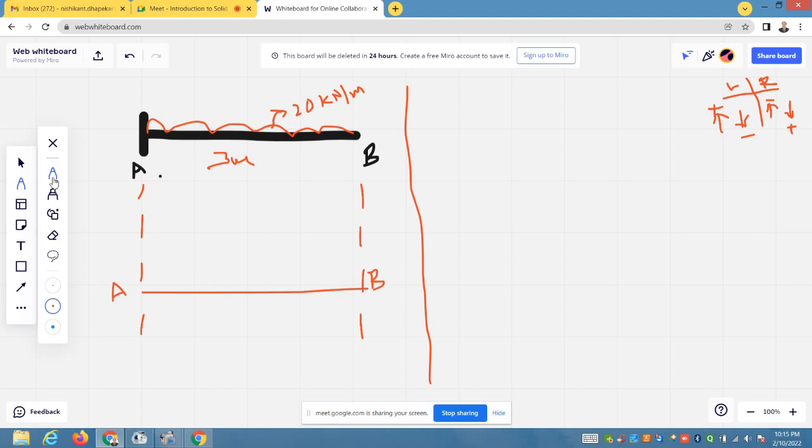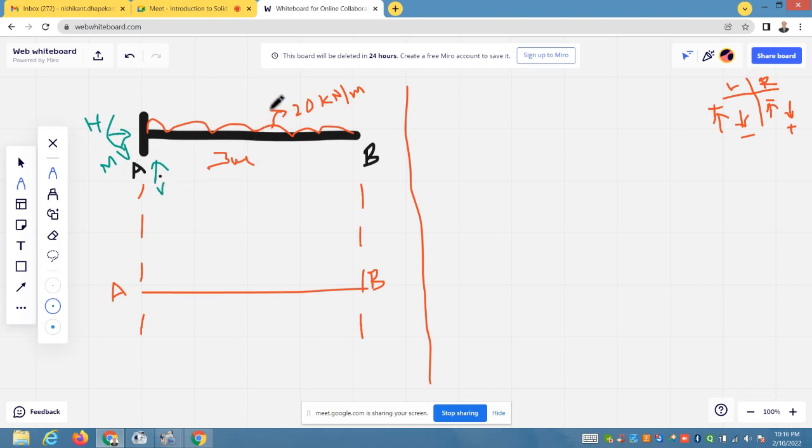The fixed support is at A and this is the free end at B. So the fixed support will offer 3 reactions: one in vertical direction, one in horizontal direction, and one moment M. You can assume any direction, anti-clockwise or clockwise, whatever it is.